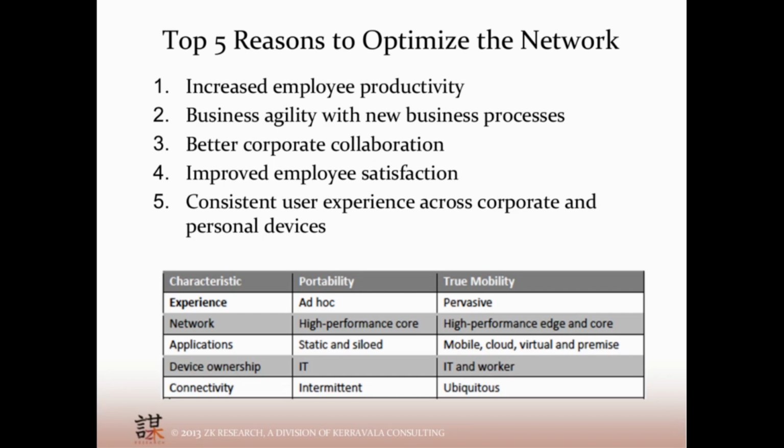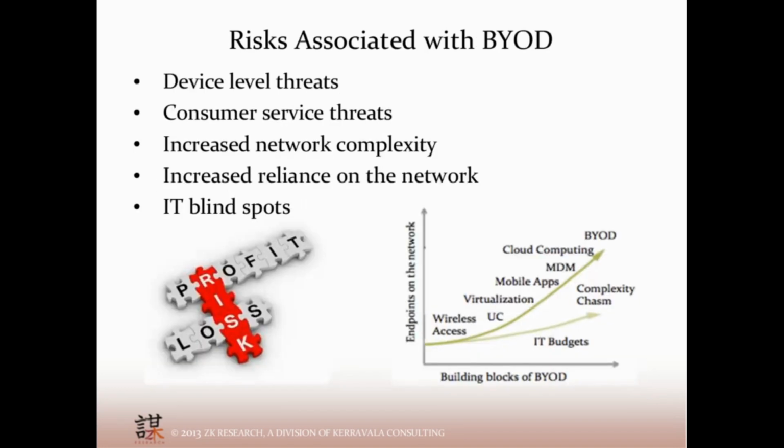Device ownership should be IT or the worker, and you need to have ubiquitous connectivity. And if we're going to truly ever fulfill on this vision of any content to any device, then my thesis has been that the only way to really implement that is through using the network.